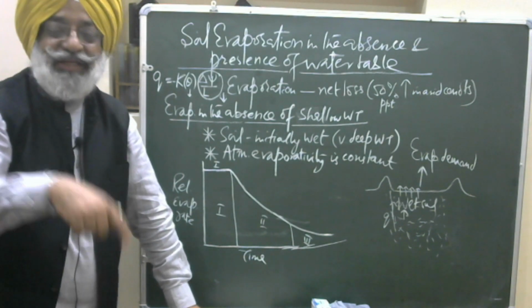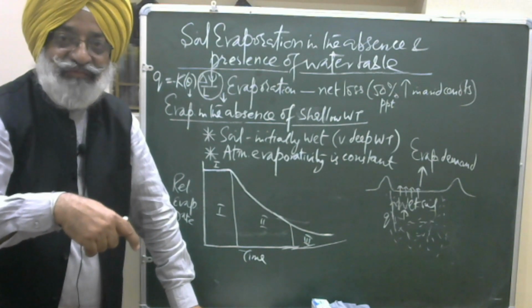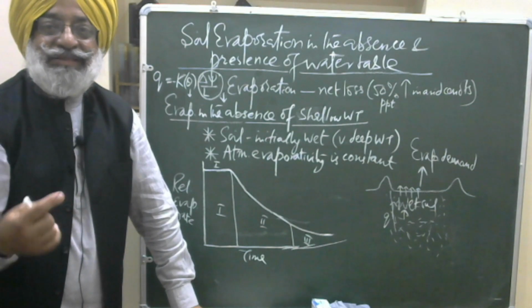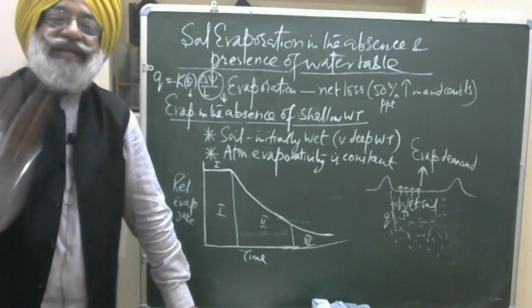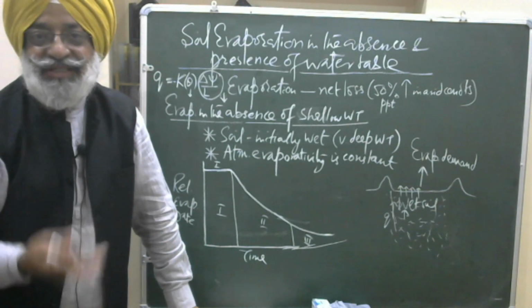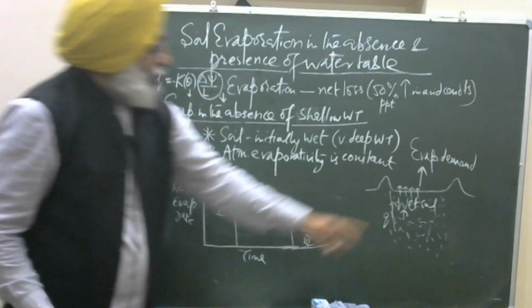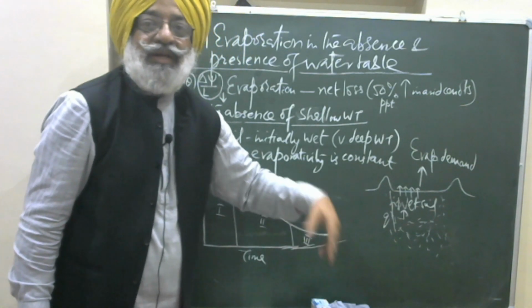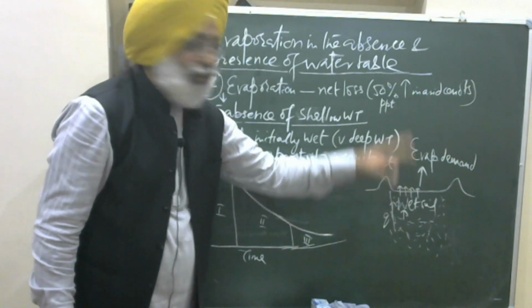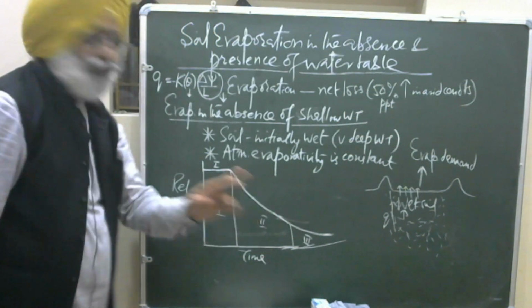Now if hydraulic conductivity is the determining factor, it is a function of soil texture, and again a function of soil structure also. So the hydraulic properties of the soil determine the evaporation rate in stage 2.